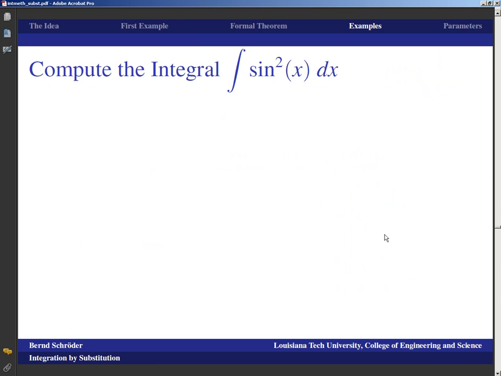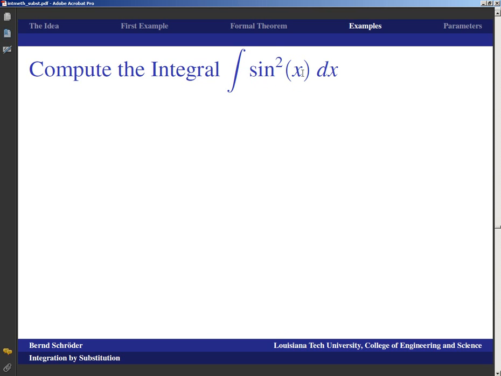Okay, compute the integral of sine squared of x dx. Well, that's a composition, that's correct, because the sine function is plugged into the square, into the function z squared, if you will. But if we substituted u equals sine of x, we'd realize that there's nothing to cancel that cosine that we get from replacing the dx with du over cosine x.